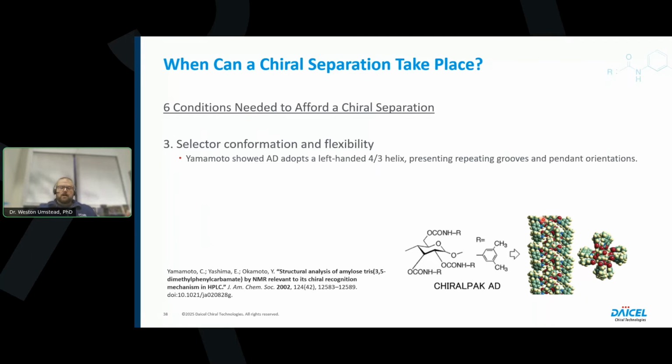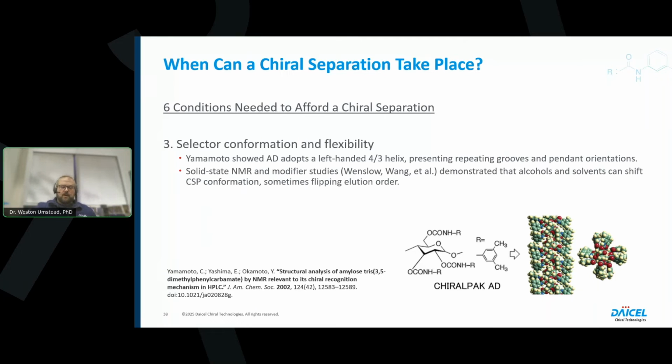And those orientations and the overall shape and size of these chiral grooves is going to change depending on what the mobile phase is. So when we start to add things like alcohols, it's not going to be surprising if we see the overall chiral separation shift, or in some cases, even see things like reversals of elution order, just by changing the mobile phase, same column, same analytes.